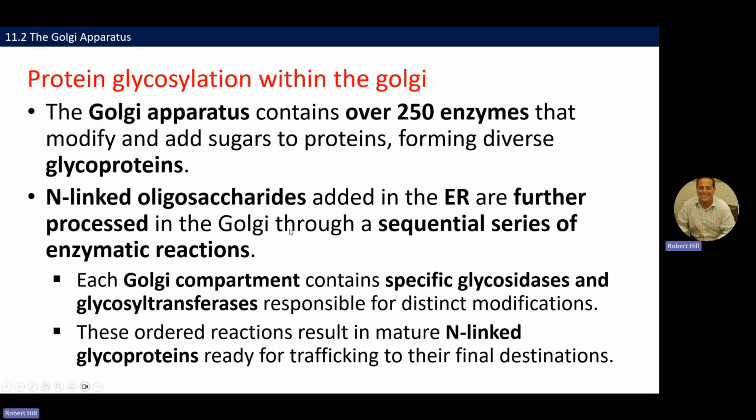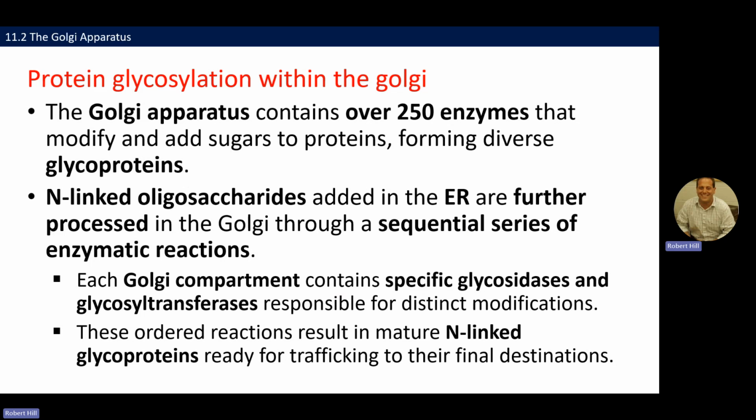Right? There are many, many enzymes in the Golgi apparatus that are glycosylating enzymes to form all of these glycoproteins. Right? Now, we talked about N-linked glycosylation that starts in the ER and only in the ER and always in the ER.